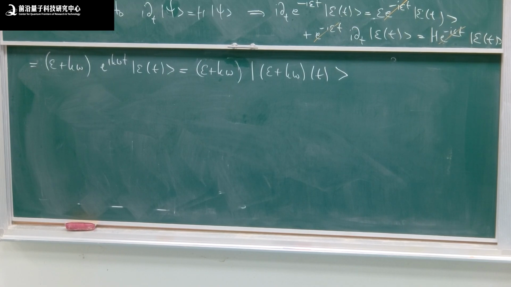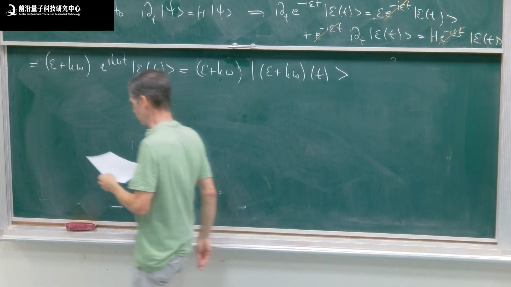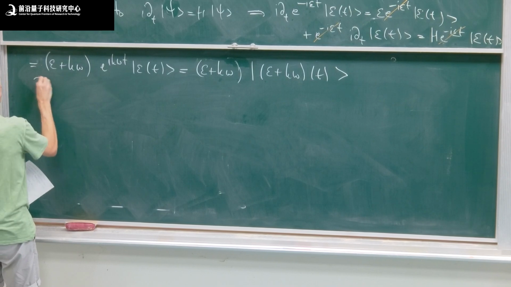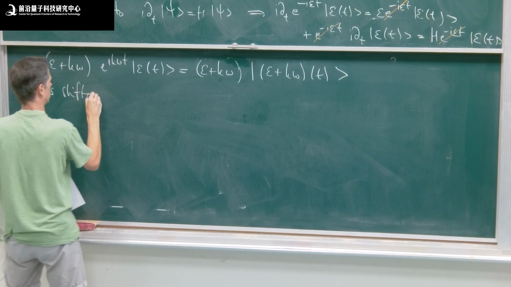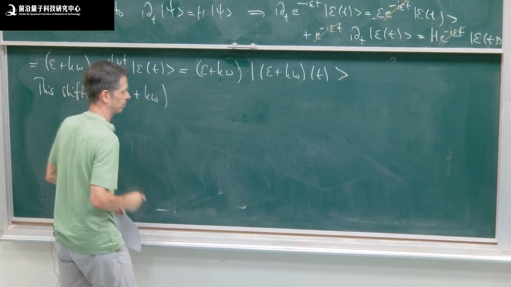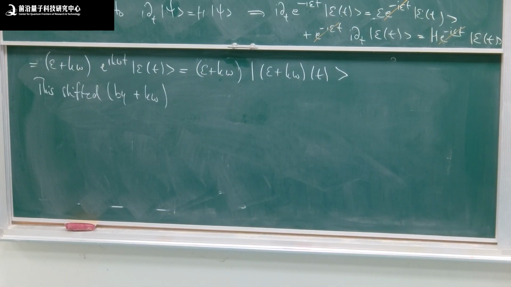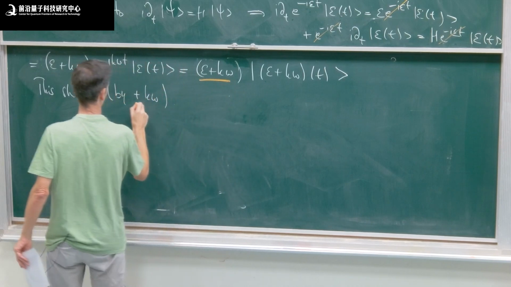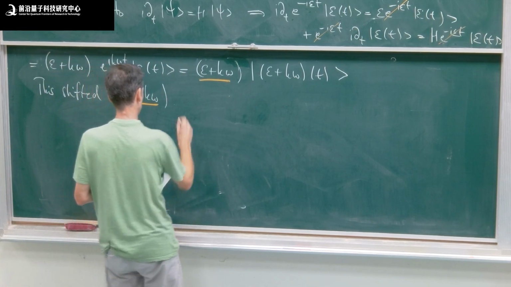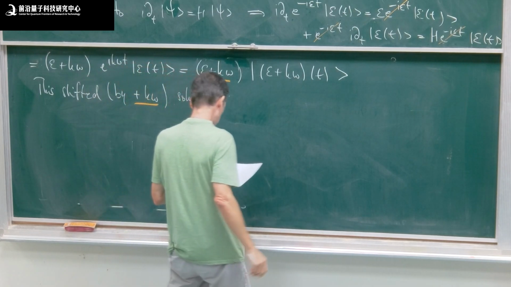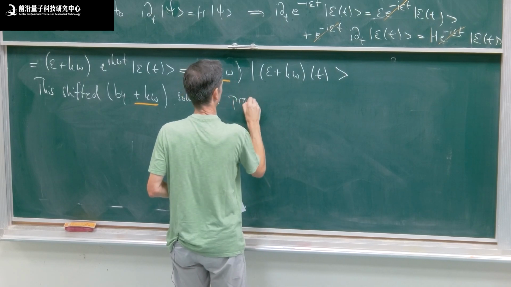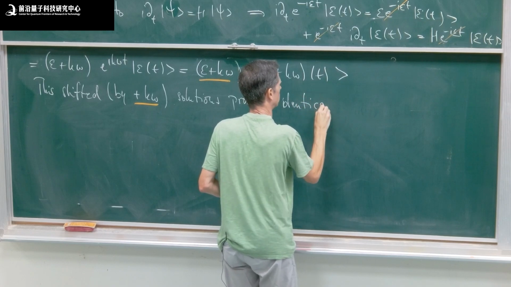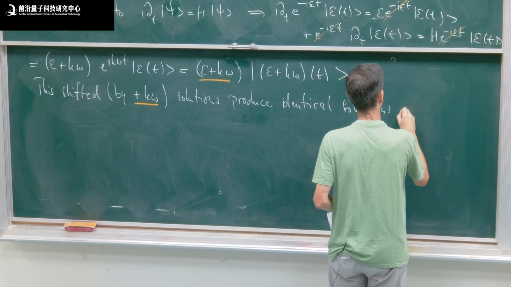Now, if you take these shifted solutions, shifted by plus k omega, to write down an arbitrary solution of the Schrödinger equation, which you could write down with the epsilon of t as originally formulated in the Floquet picture, the shifted solutions produce identical solutions of the Schrödinger equation.